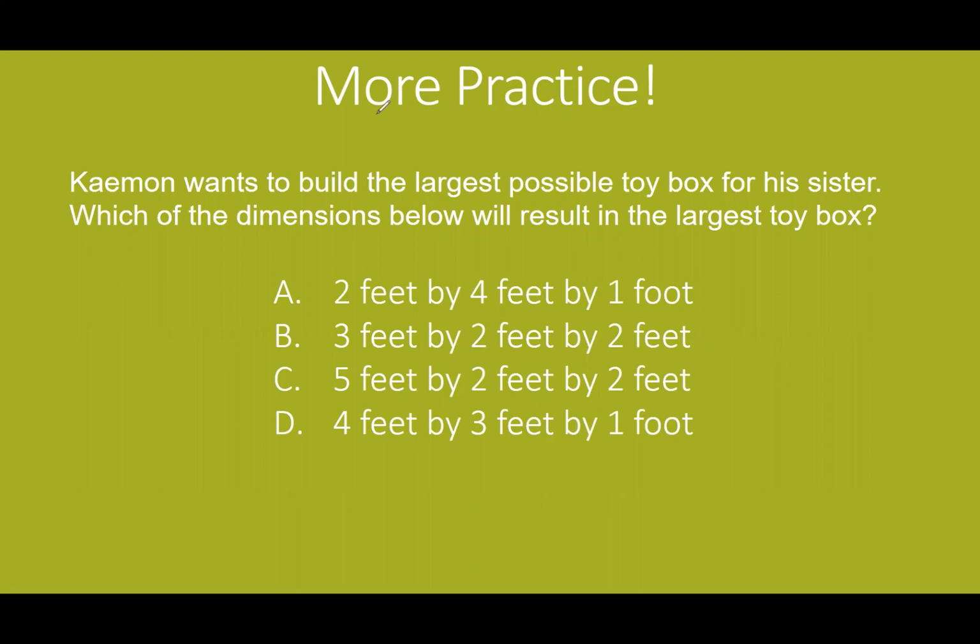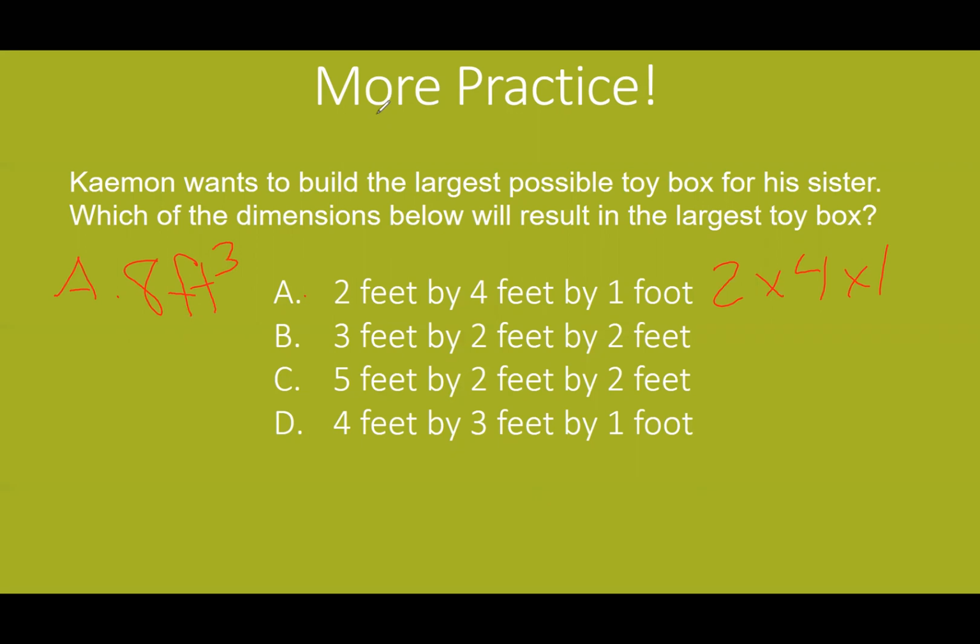All right, well, let's see if you have the same thing that I have. For box A, we've got 2 feet by 4 feet by 1 foot. So it's 2 by 4 by 1. And we know that 2 by 4 is 8, and 8 times 1 is 8. So A is 8 feet cubed.